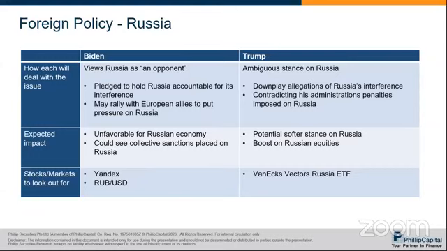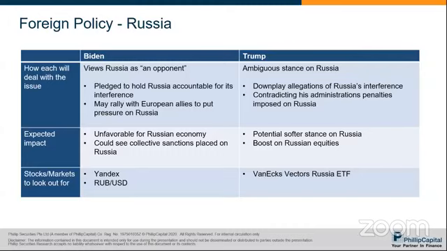Moving on to Russia. Russia is interesting because I think we all think that Biden views Russia as an opponent, whereas compared to China, he only views China as a serious competitor.